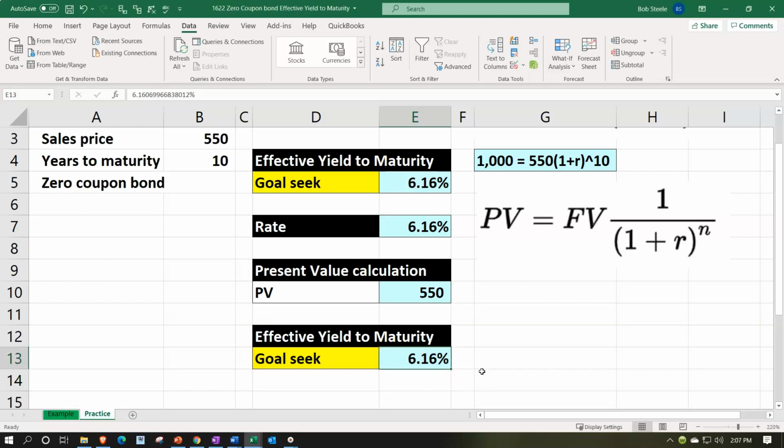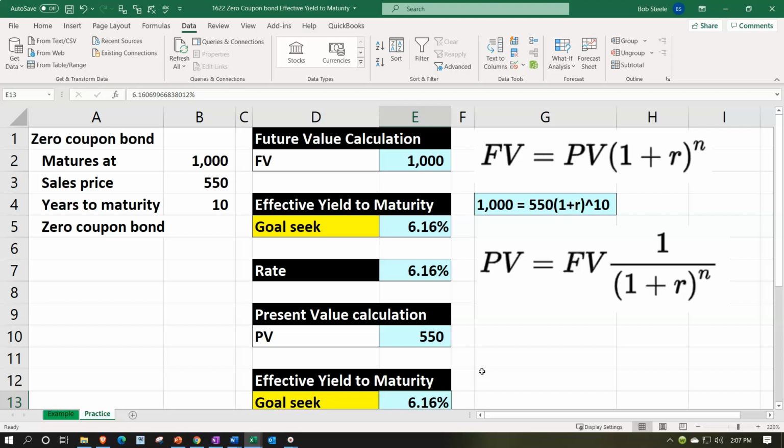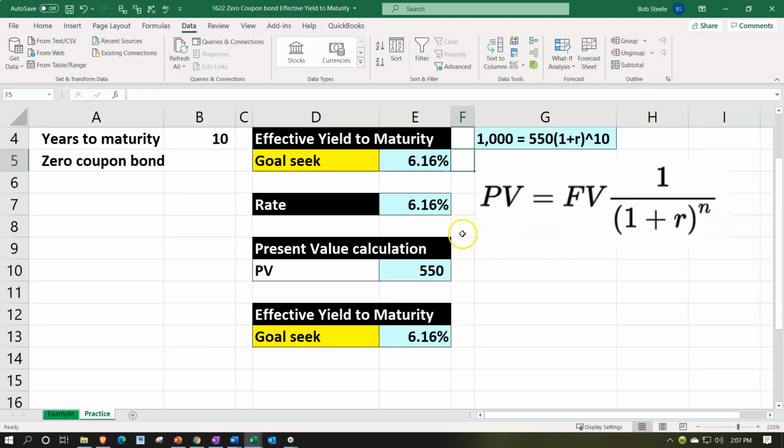So you can kind of think about this one a few different ways. It should actually be an easier calculation, but if you can see it in different formats, any of these kinds of calculations, you're getting an idea of the relationship between the present value and the future value formulas, how they can work in a function, how you can use the goal seek for it, and of course how the rate formula can work in relation to them as well.